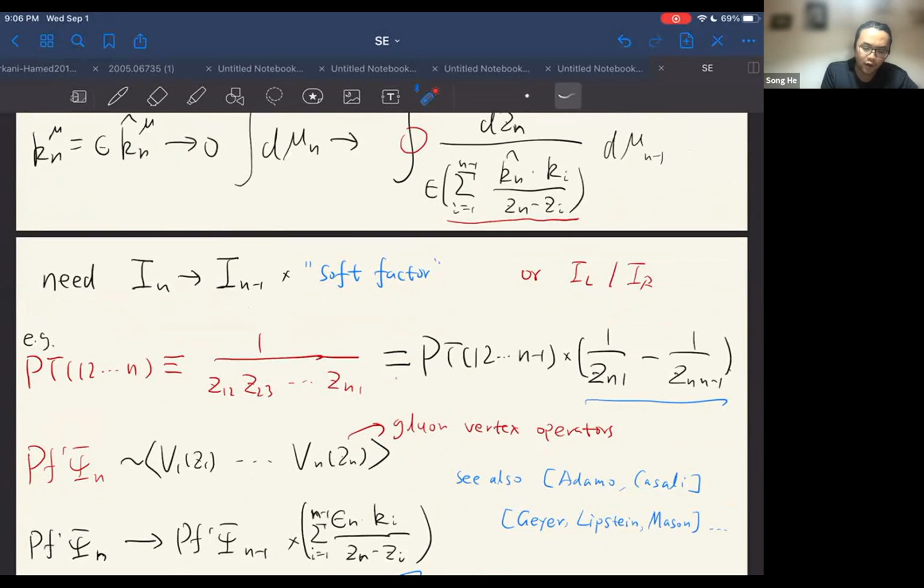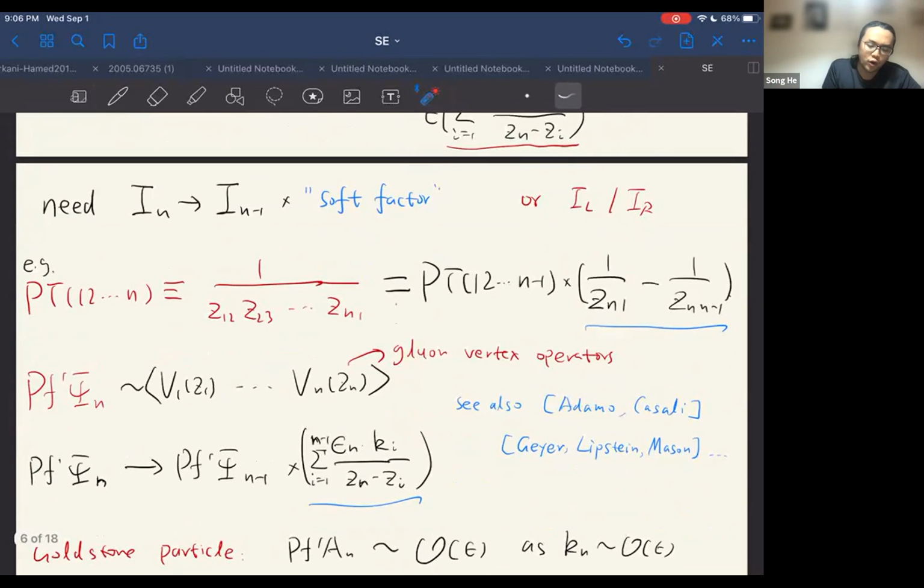For example, the famous Parke-Taylor factor, which is needed for any particles with color or flavor structure for a given ordering. You don't need to take any soft limit. It's just literally the (n-1)-particle Parke-Taylor times this soft factor for Parke-Taylor. Okay, so just the difference of 1 over Z_{n1} to 1 over Z with adjacent particles 1 and n-1.